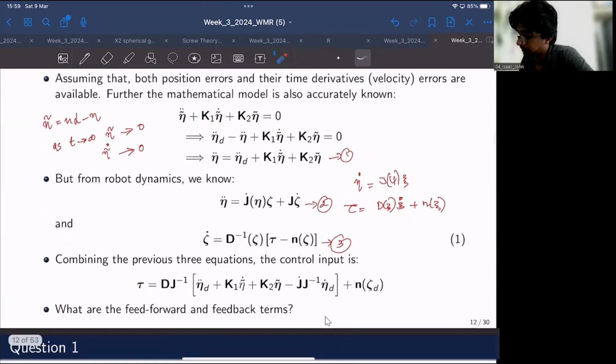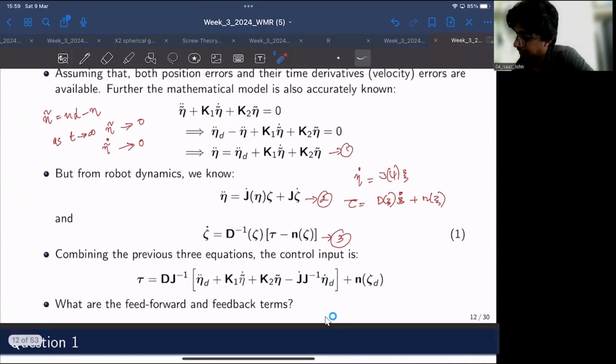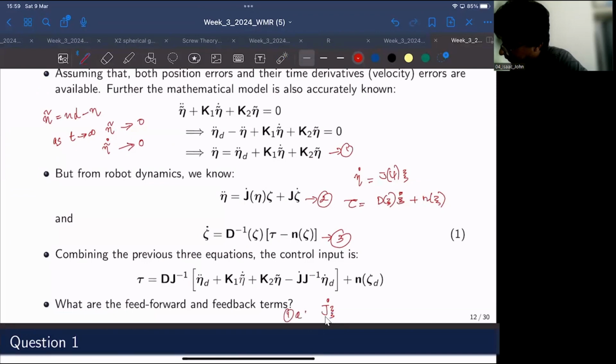Right? That is how you, for example, if you are still not convinced, I can show you. Comparing 1 and 2, we get J dot of zeta plus J zeta dot equals eta desired double dot plus k1 eta tilde dot plus k2 eta tilde.